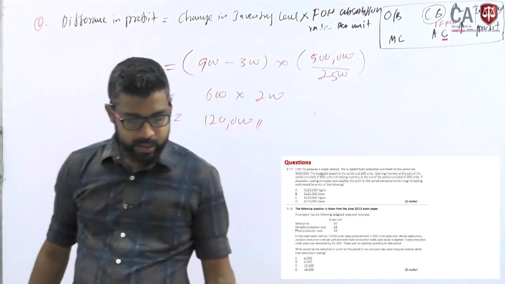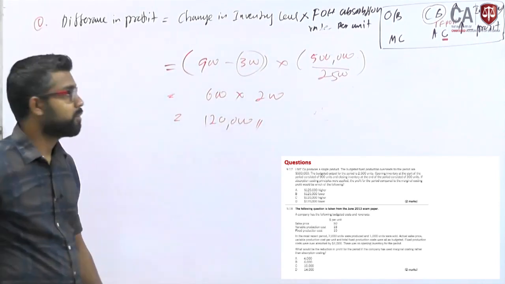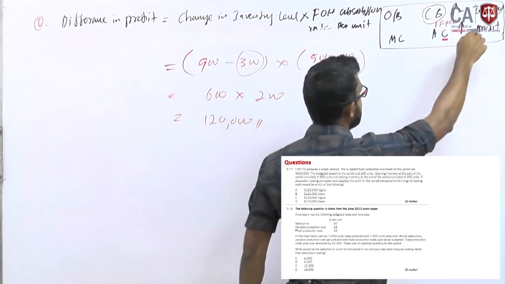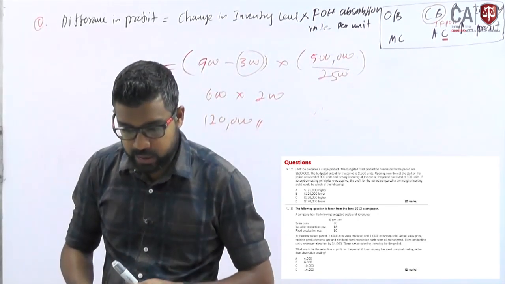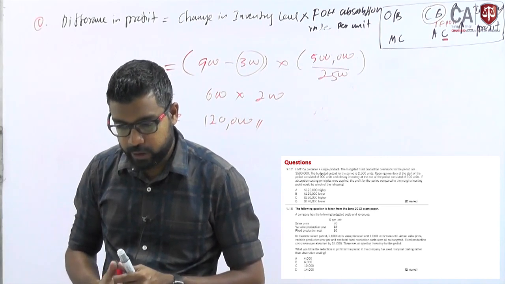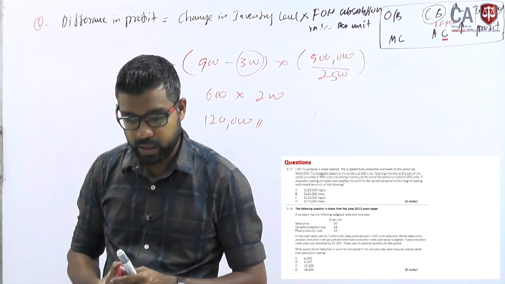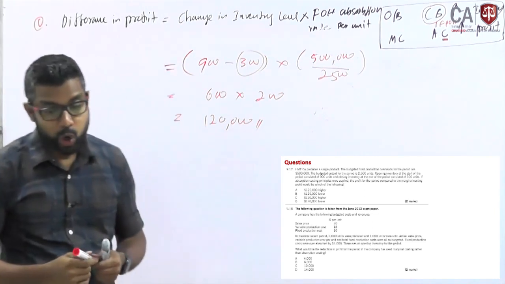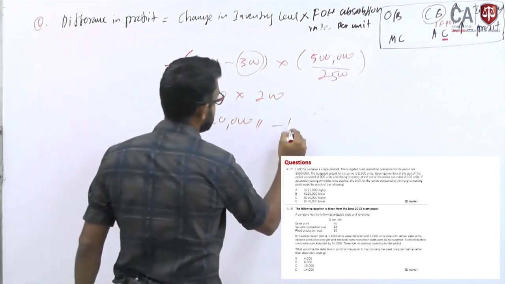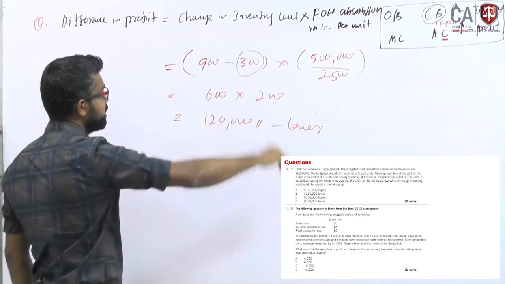Now activity level has been reduced, which means absorption costing profit should have been reduced. The question is profit for the period compared to marginal costing would be which of the following? It should be lower by 120,000, because activity level has been reduced.